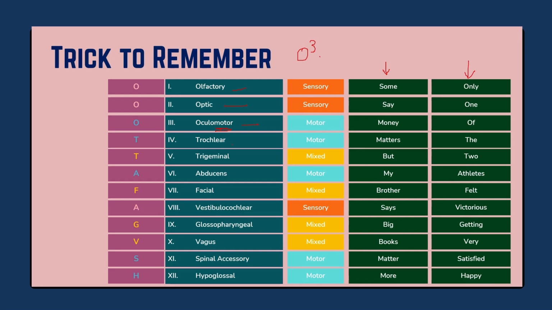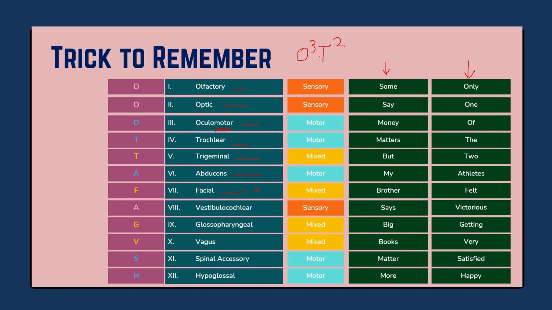Then we have trochlear, again for eye movements. Then we have trigeminal, which are for chewing, facial expression, and it is also connected to your teeth. So we have 2T here. Then we have abducens for again eyeball movement, and then we have facial for expressions, and we also know for tasting on the anterior two-thirds of your tongue.